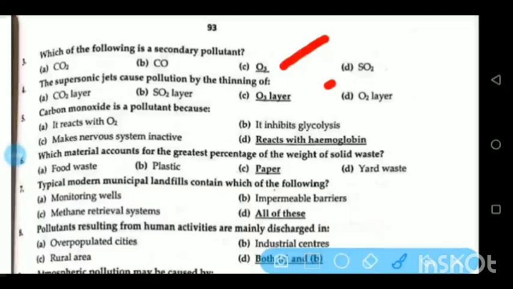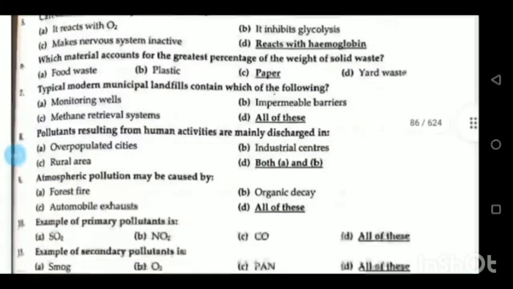Carbon monoxide is a pollutant because it reacts with hemoglobin. Which material accounts for the greatest percentage of the weight of solid waste? Paper. Typical modern municipal landfills contain which of the following? All of these: monitoring wells, impermeable barriers, methane retrieval systems.